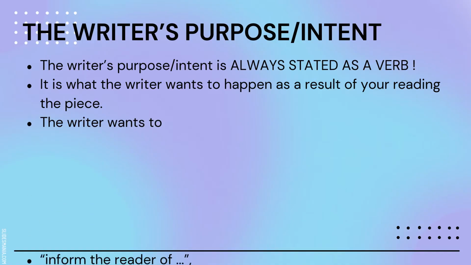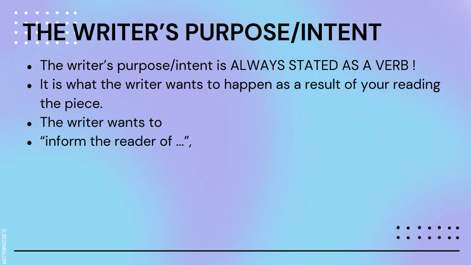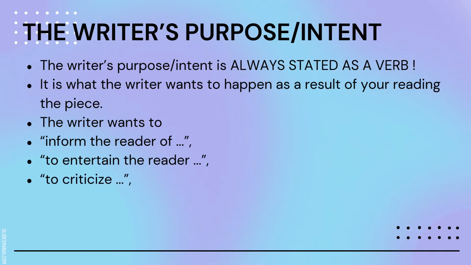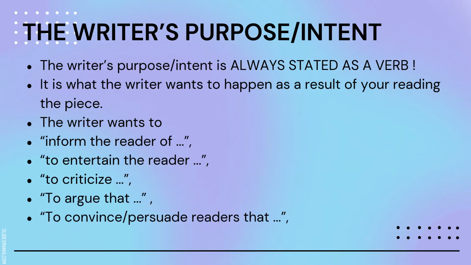So you're going to go ahead and say that the writer wants to inform the reader of, to entertain the reader, to criticize, to argue that, or to convince or persuade readers that.